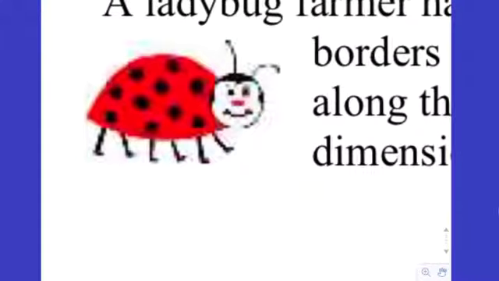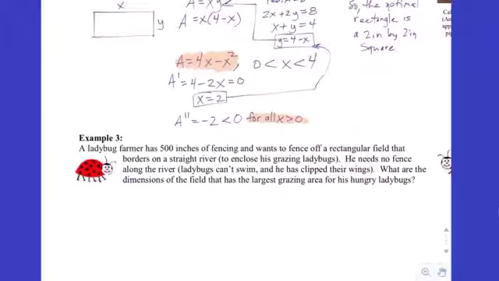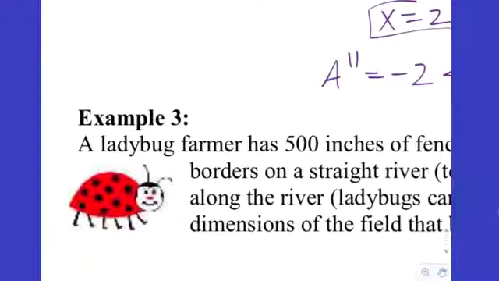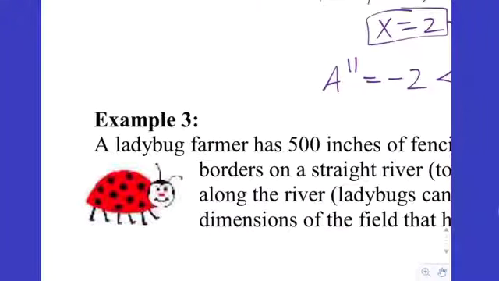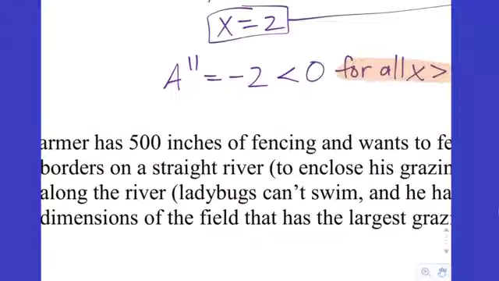Example 3. Low resolution ladybugs. A ladybug farmer. A farmer of ladybugs, right? Someone last year said that would be a rancher, a ladybug rancher. God, you're a wet blanket. Come on, man. A ladybug farmer has 500 inches of fencing. Ladybugs are small.